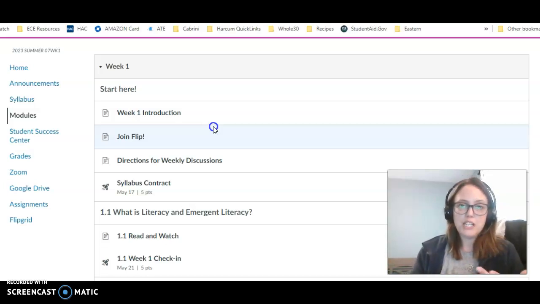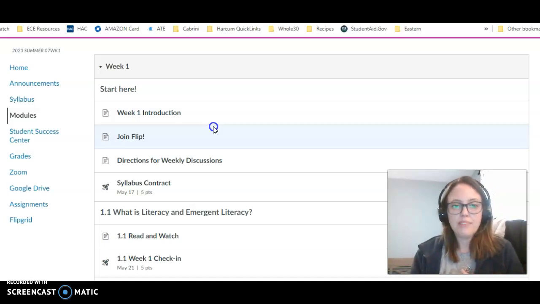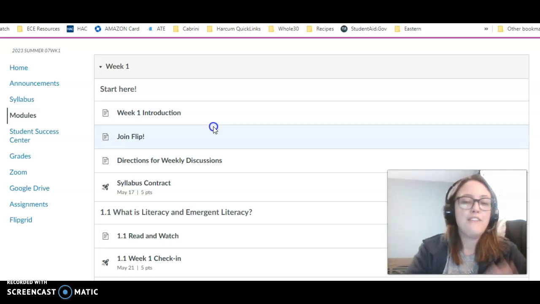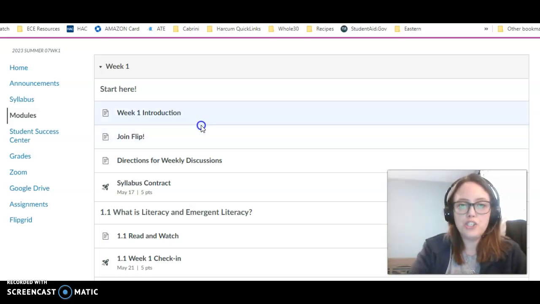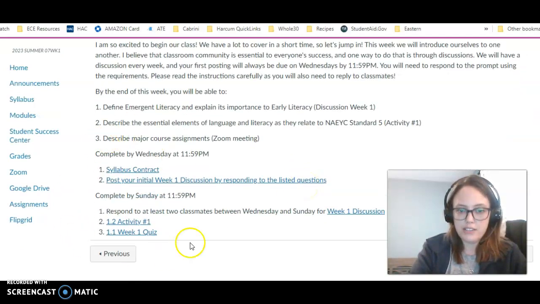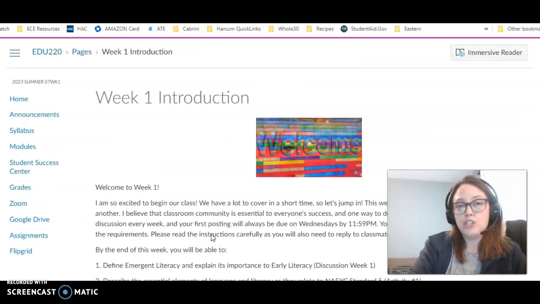Then you need to respond to your classmates between Thursday and Sunday. You will also have the week 1 check-in, which is due on Sunday, as well as activity number 1 due Sunday. If at any point you're unsure what's due when, always go back to the weekly introduction where it tells you what's due. Go to the course syllabus where it will tell you what's due.